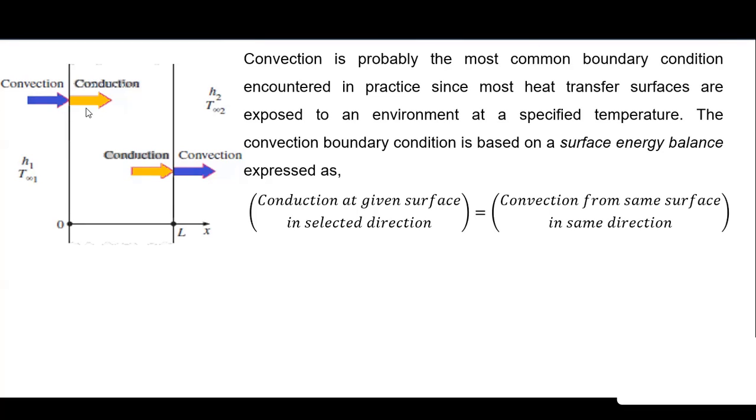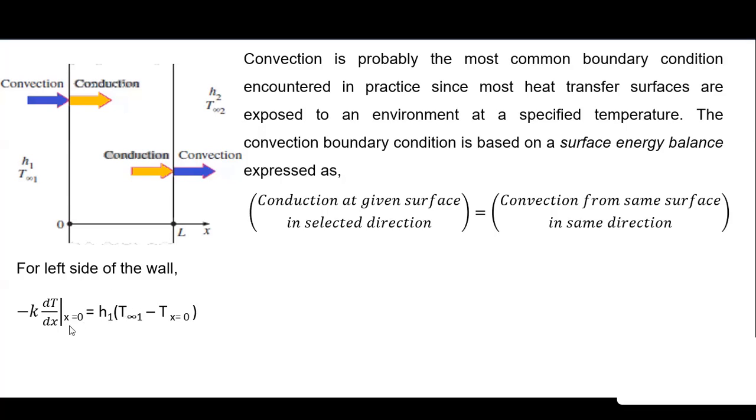Okay, so under a convection boundary condition, we can say that the convection heat at any surface is equal to the conduction at the given surface. The same can be written for the other surface. We can write it for the left side of this wall, this side.